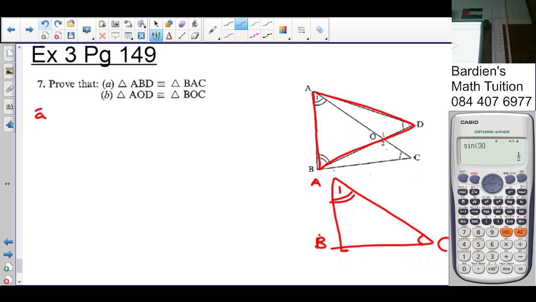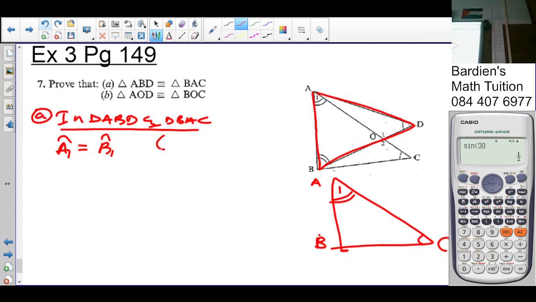Alright, let's do this. So what can we say about the two triangles? Angle A1 in the first triangle and triangle BAC. A1, B1. Why? Given. Right, what else do we know? O1 is not in this triangle. Angle D and C, given.